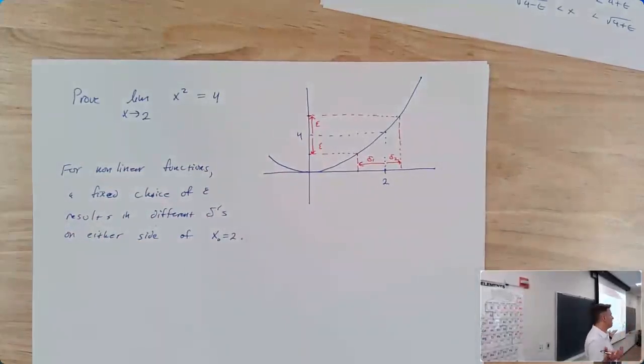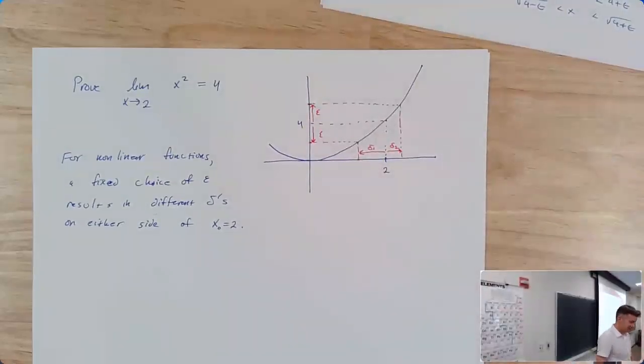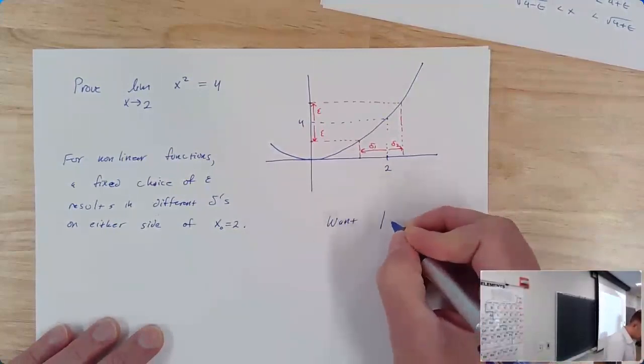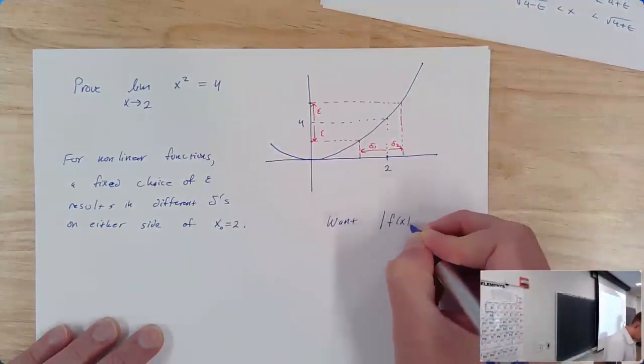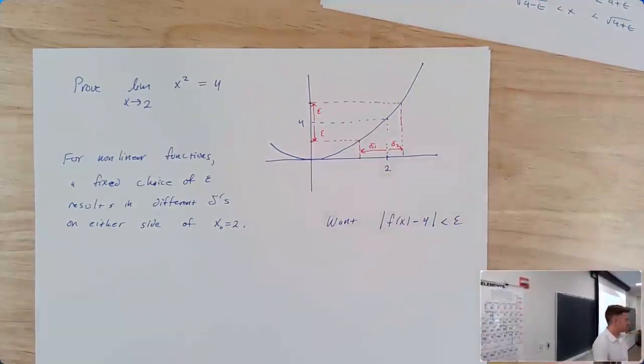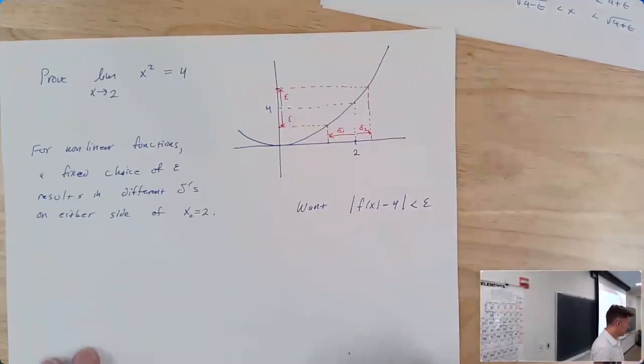So what do we do? Well, we still want this to be true, meaning we want the absolute value of f of X minus 4 to be less than epsilon. We still want to be in this range here. Literally, range, right?